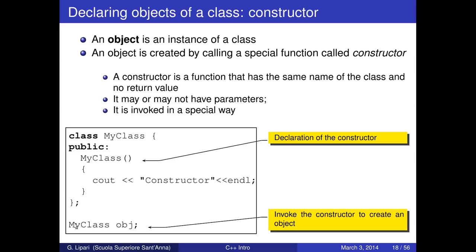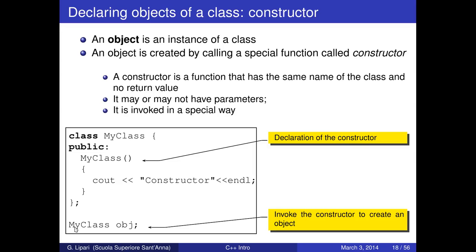This function is invoked when you define an object of that class. So for example, here in this example you have a class and you define a constructor, my class. You notice that this constructor has the same name as the class and takes no parameter, and this constructor just prints cout constructor on the standard output.